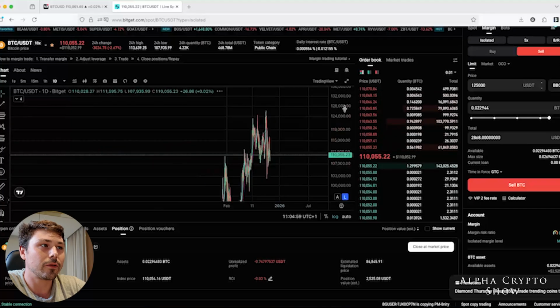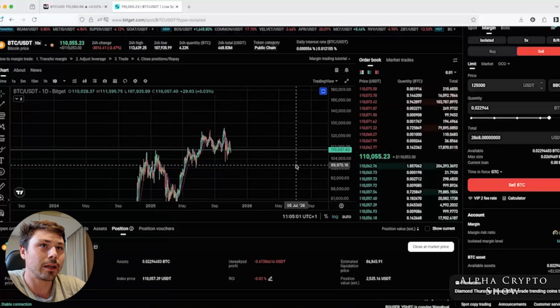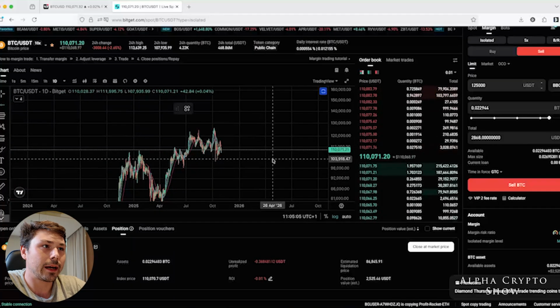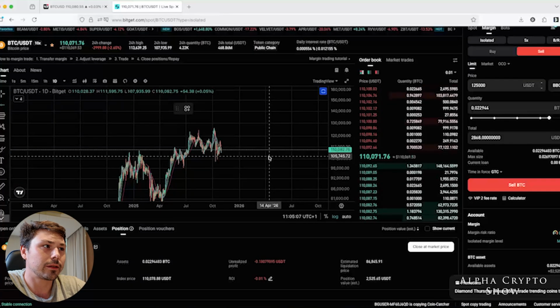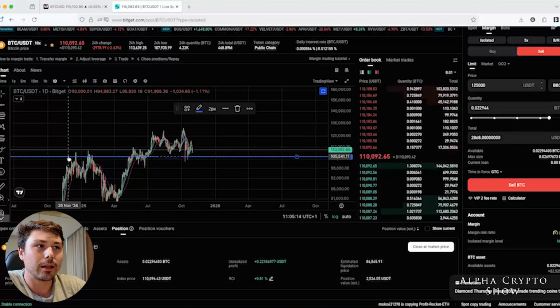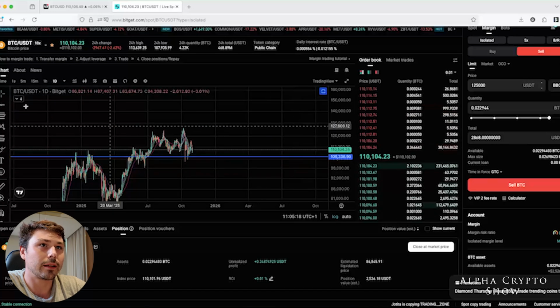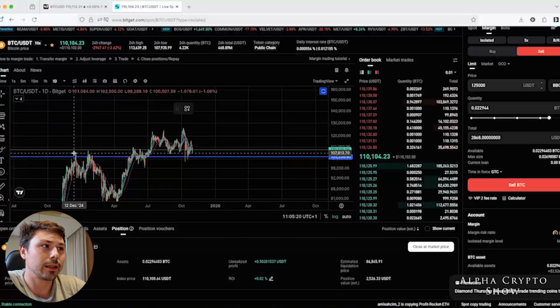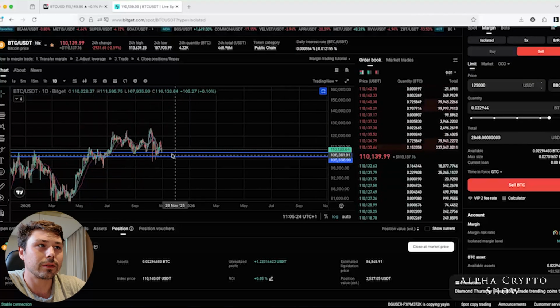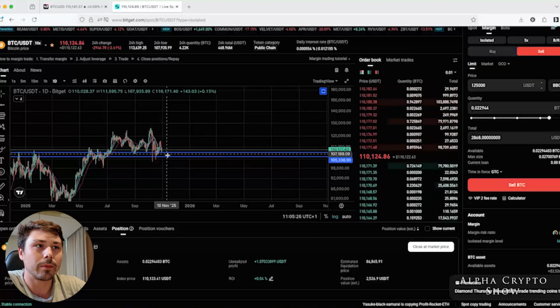But basically, if you find a very, very strong support zone, let's say for now, we have this 105,000 price here. This is basically a very strong support zone, 105,000 and 108,000. So now these are the zones where I want to put my stop loss.